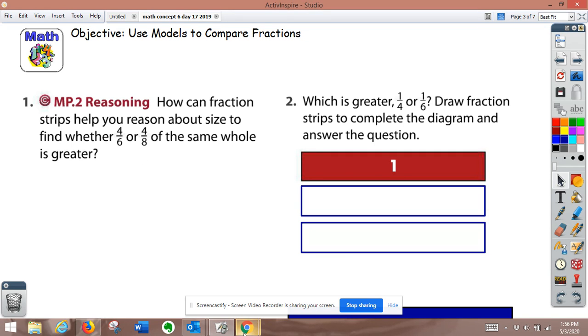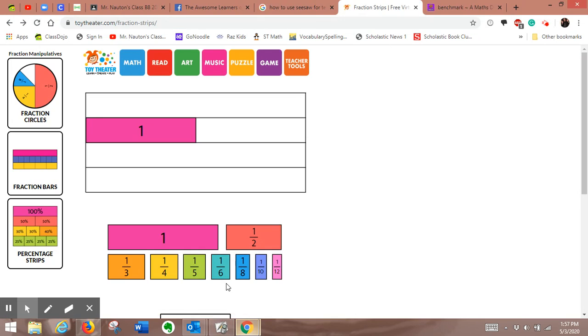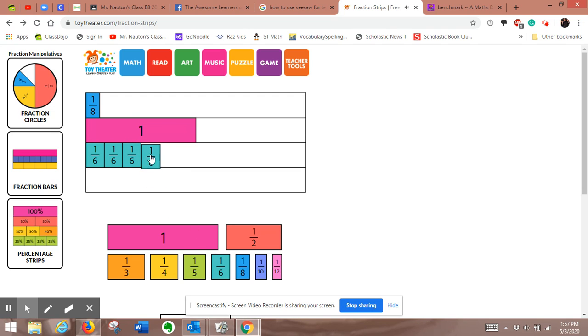Well, I like to use my fraction strips for this. And there's my one whole, and remember it's the same, so we can use the same one whole for both the 4/6 and the 4/8. And I can start bringing my 6s up there, and I can start bringing my 8s up there. I've got 4 of those 6, so I'm dividing this whole into 6 parts, but I'm only going to talk about 4 of them.